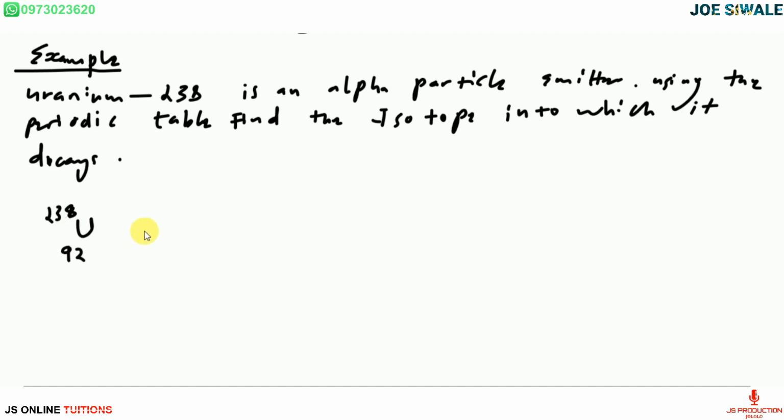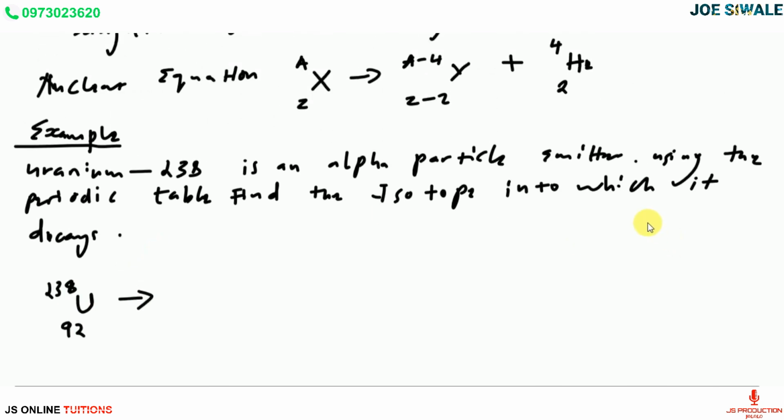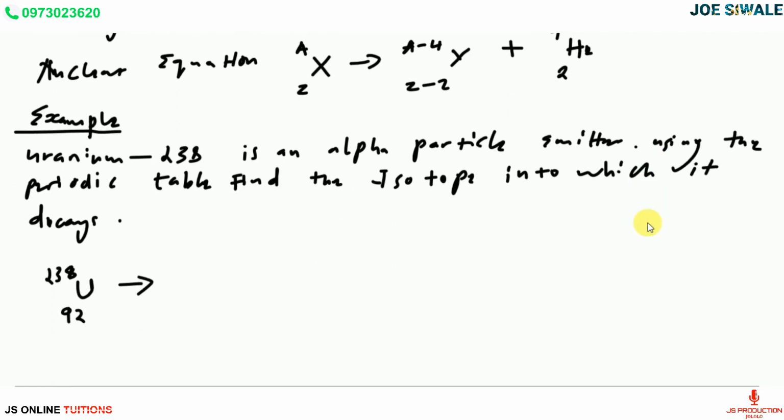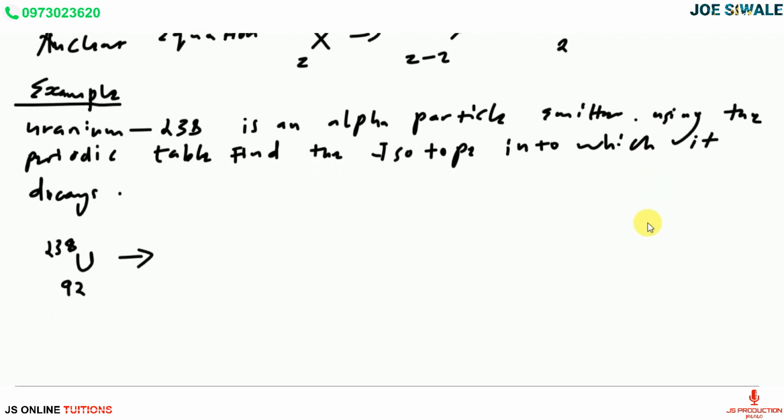So this is going to produce... In our nuclear equation, we actually say that the new daughter nuclide that is going to be produced has its mass number reduced by 4.